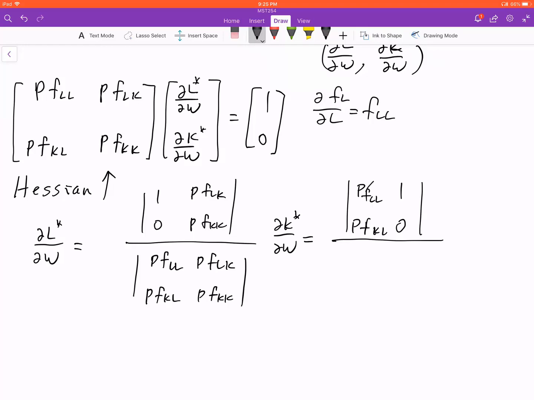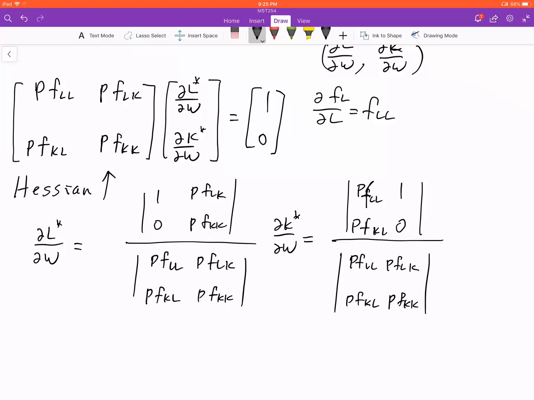I should not make it so small, but that's okay. And then the same denominator, P f_LL, and P f_LK, and P f_KL, and P f_KK. If you want to find the value of these 4 determinants, you can do that easily.